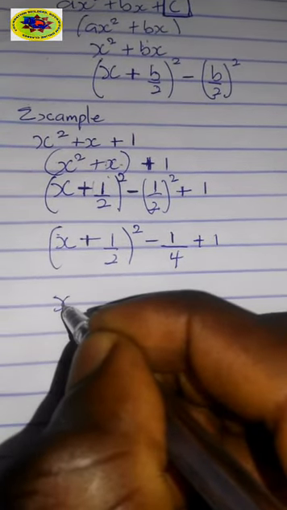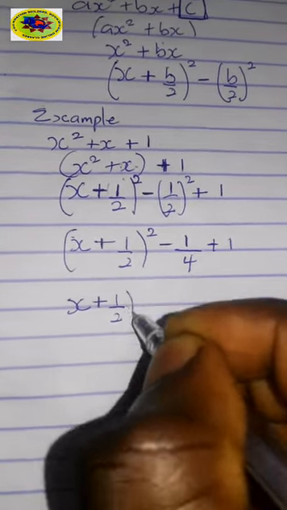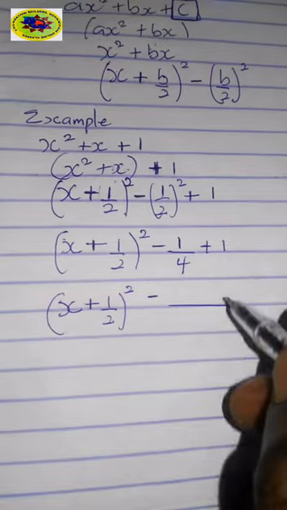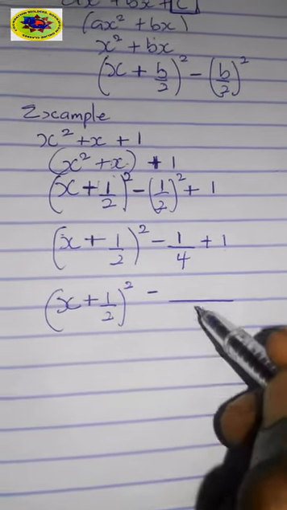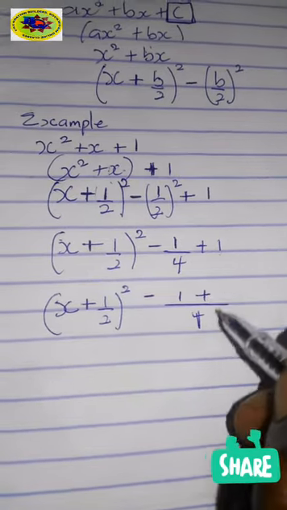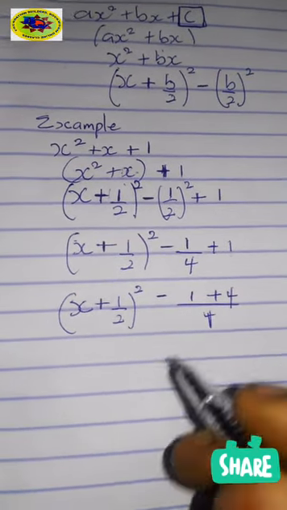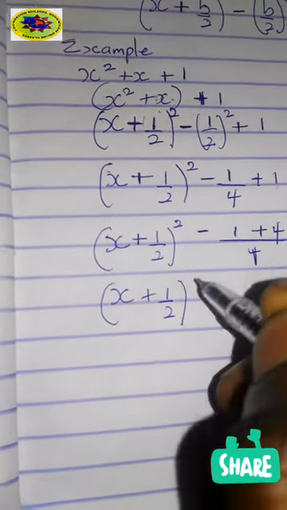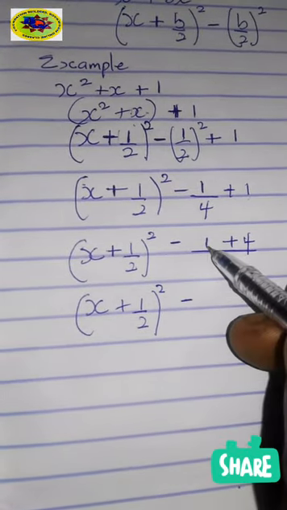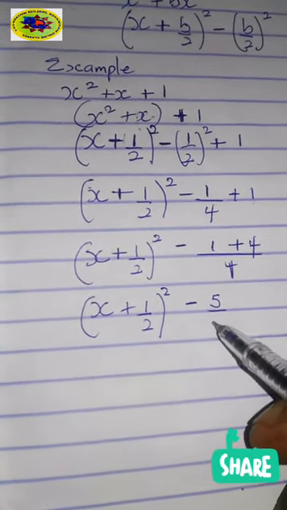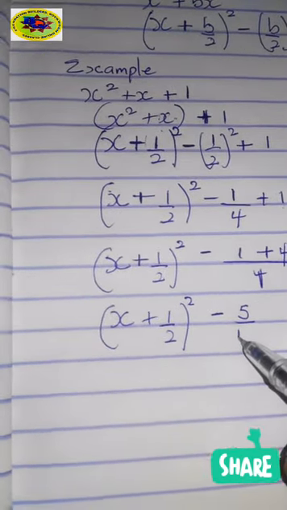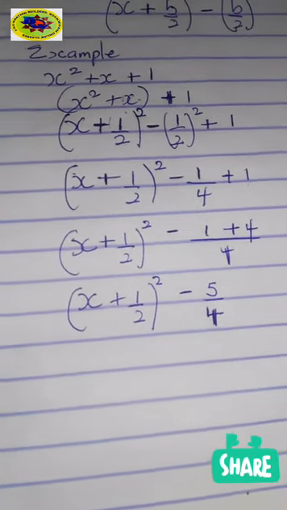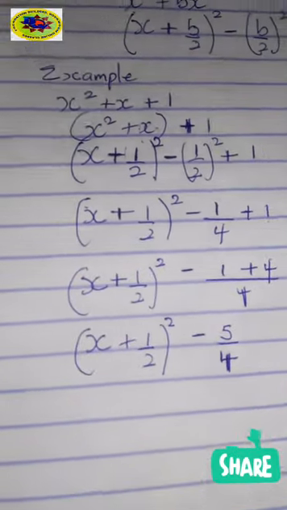That is x plus 1 over 2 squared minus, solving it, the LCM of this and this is equal to 4. 4 into 4, that is 1 will be here, plus 1 into 4, 4 times 1 will give you 4. So now x plus 1 over 2 squared minus 1 plus 4 will give you 5 over 4. And this is the final answer in completing the square of this expression.